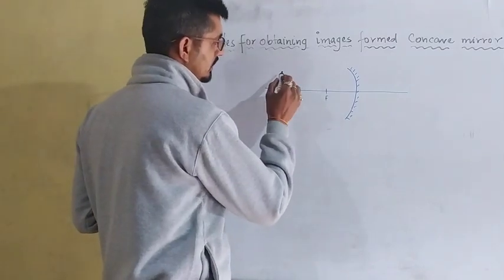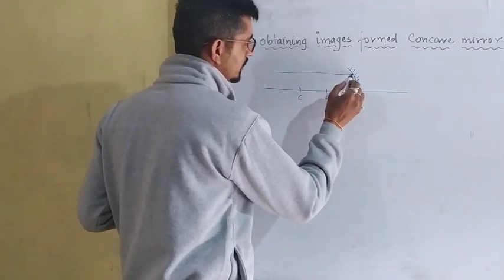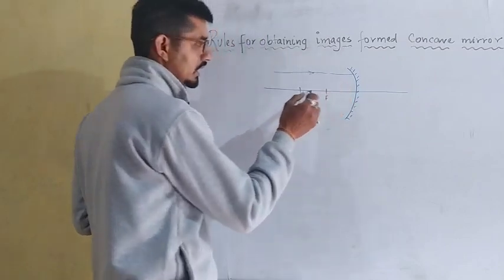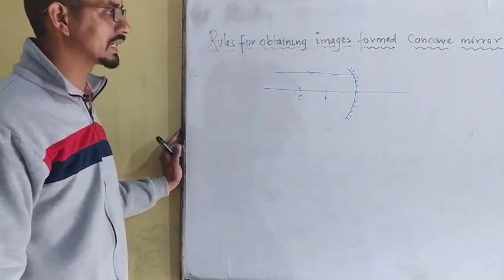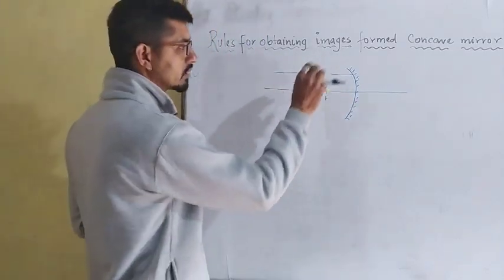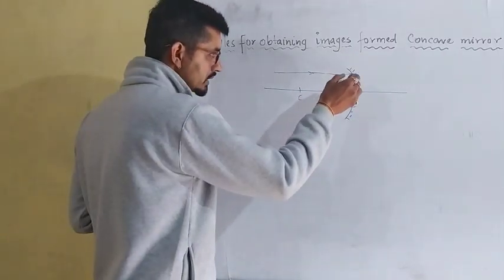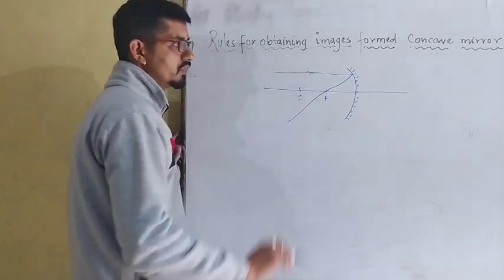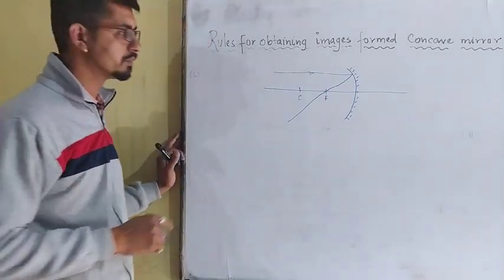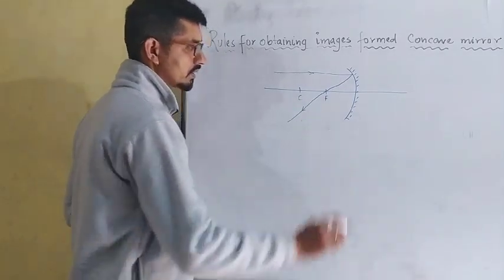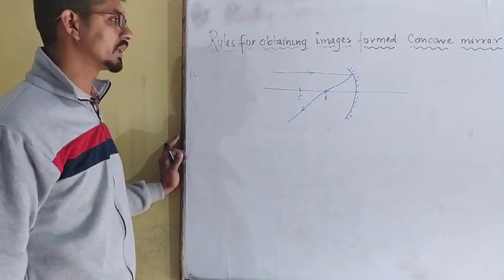The first rule is, if a light ray is coming parallel to the principal axis, after striking the surface of the concave mirror, it passes through the focus. This is the first rule. Okay, first rule, and very, very important.